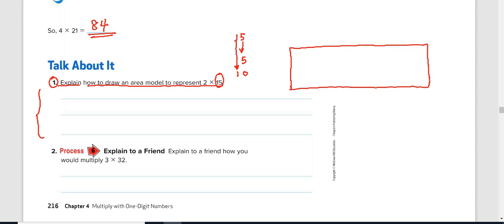So we separate the rectangle into 2. The larger part is going to be the 10 and the other part 5, with the side having the 1-digit number 2. And that is all. So here we can now multiply 10 times 2 and 5 times 2. So find a way to write it in your own simple words.